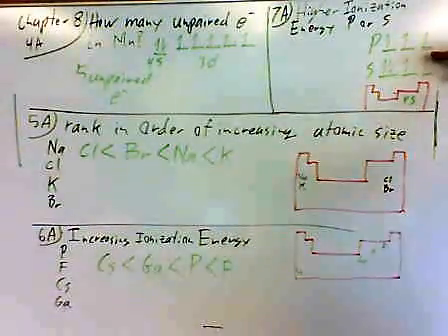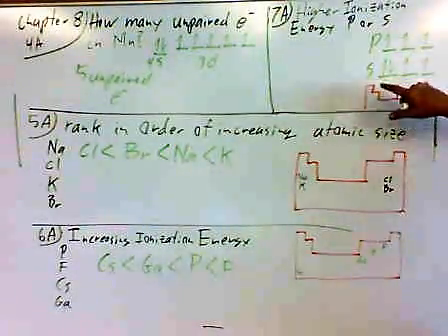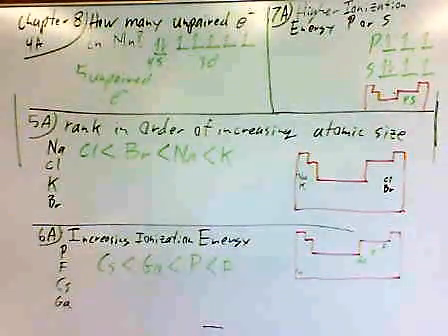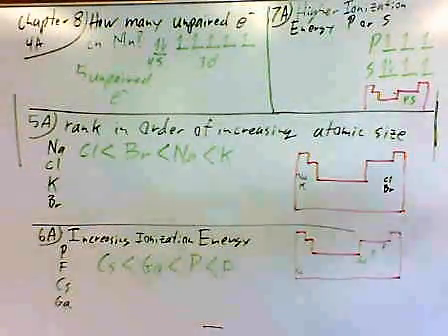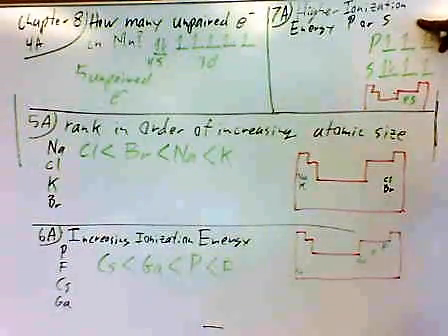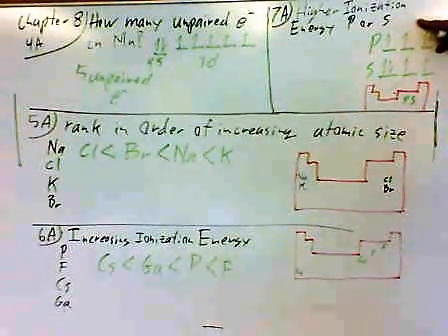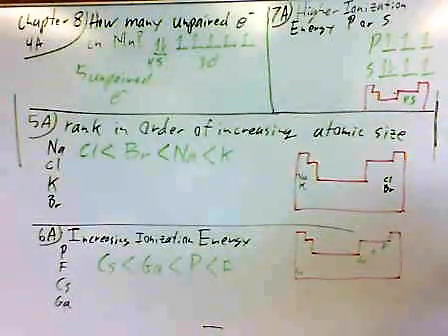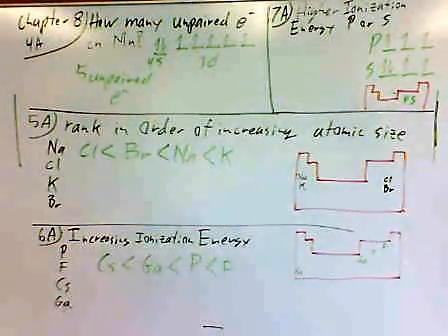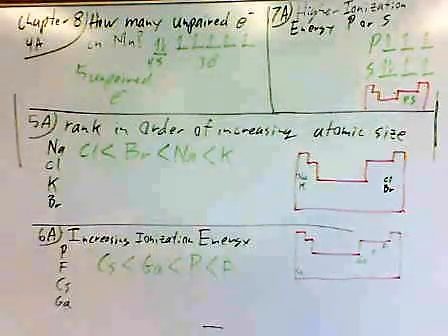So sulfur has one extra electron over the half-filled level. Phosphorus is half-filled, so it has some extra stability here, all the parallel spins, and each orbital has one electron. There's no extra repulsion between the pairing of electrons.